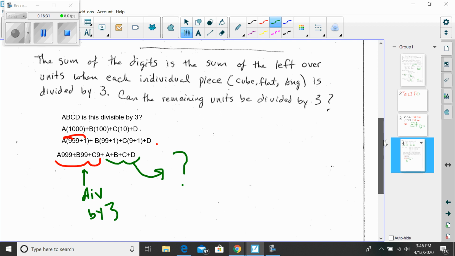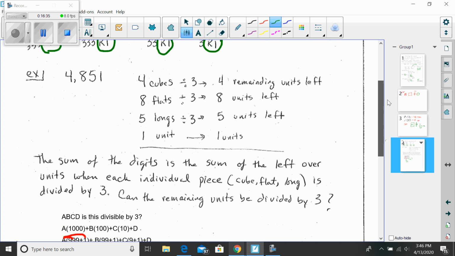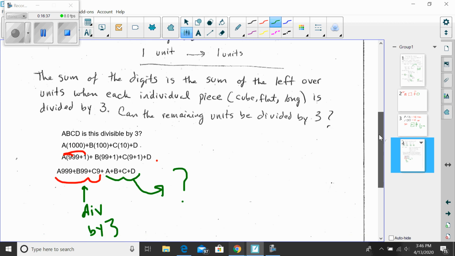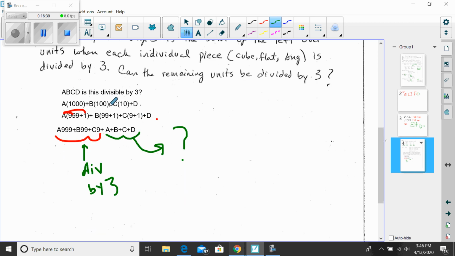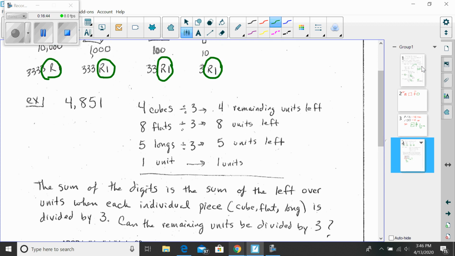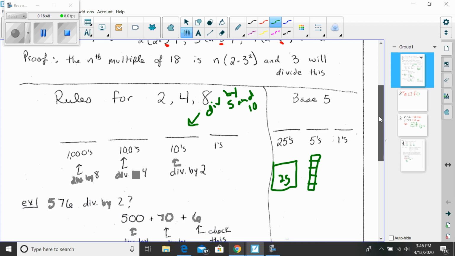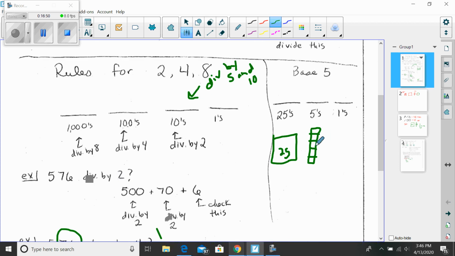And if I'm in base 5 and I've got my cube, which is 125, if I divided it in half, I'd get remainder 1. And so again, I wish we were in class, because then I would say to people, when I divide each piece and I always get a remainder of 1, then I'm just looking for, is the sum of those remainders divisible by the number in question?